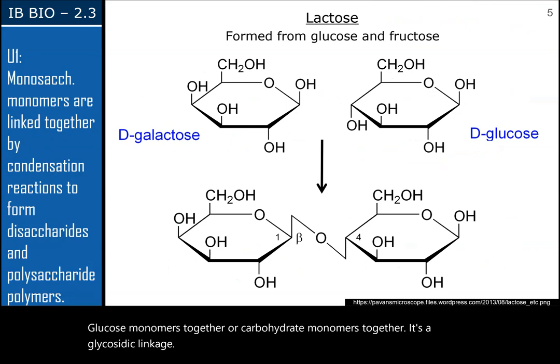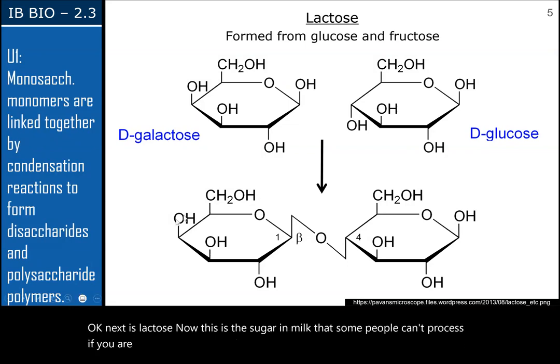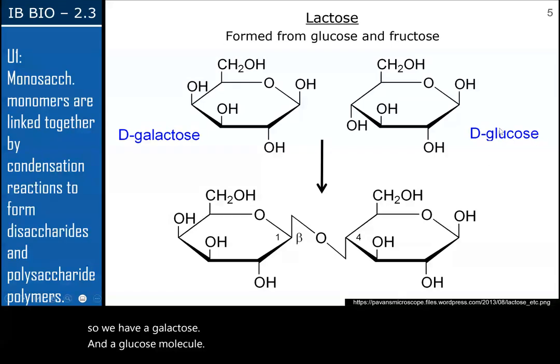Okay, next is lactose. Now, this is the sugar in milk that some people can't process if you are lactose intolerant. This is the big bad guy right here. So we have a galactose and a glucose molecule. Dehydration synthesis combines these molecules, releases a molecule of water to form lactose.